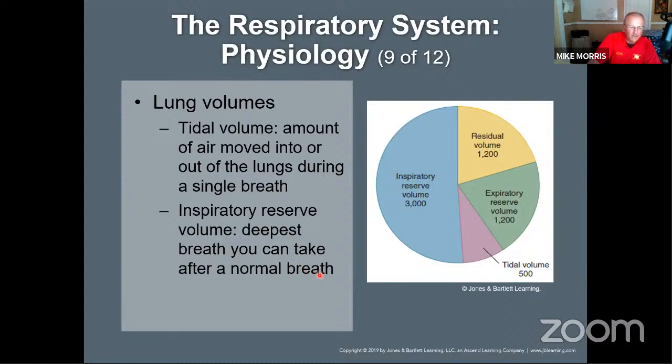It's not really dead space, but it's like a reserve space. And so imagine, when you have a sigh, and you do that every so often, whether you notice it or not, you'll breathe a little bit deeper than the other normal breaths that you've had. And that's to keep that inspiratory reserve volume oxygenated.